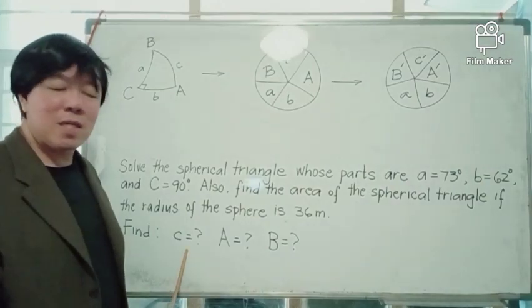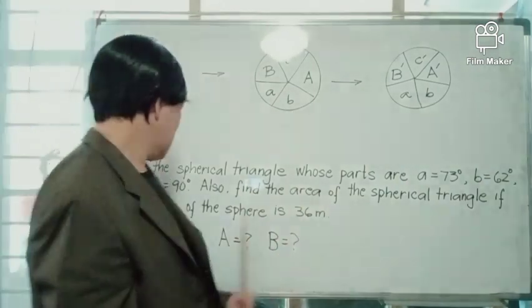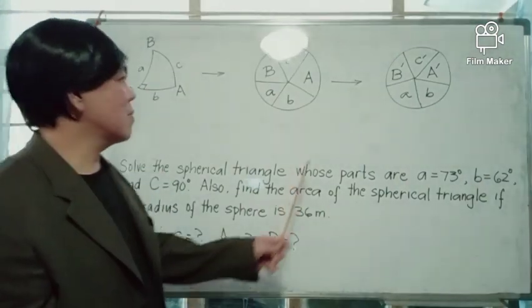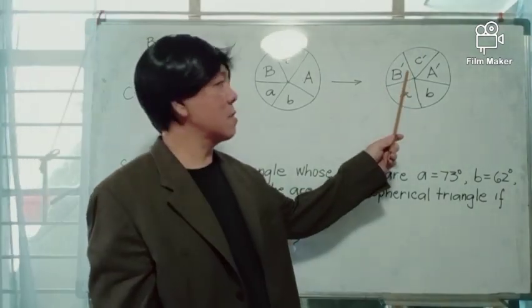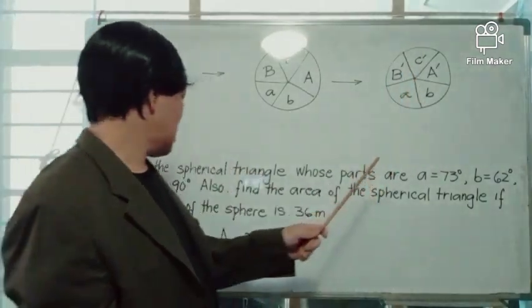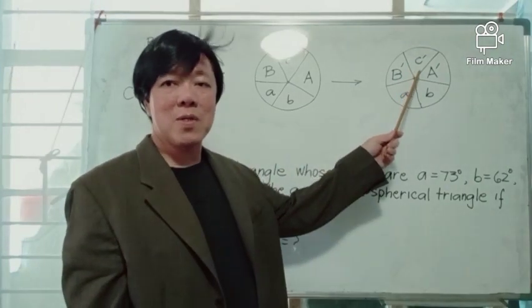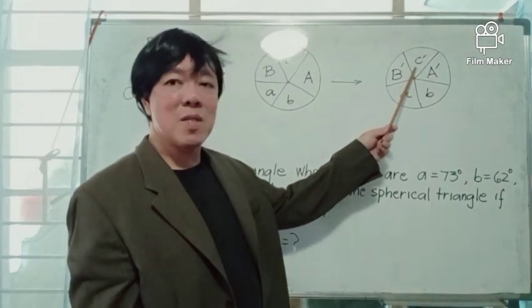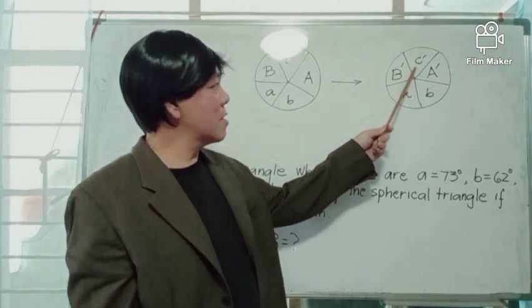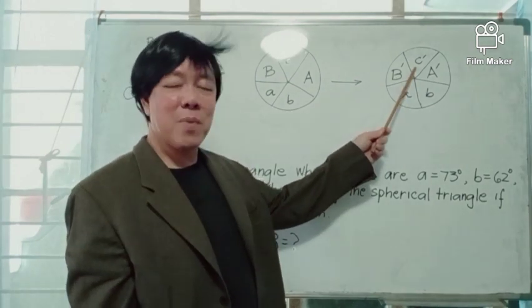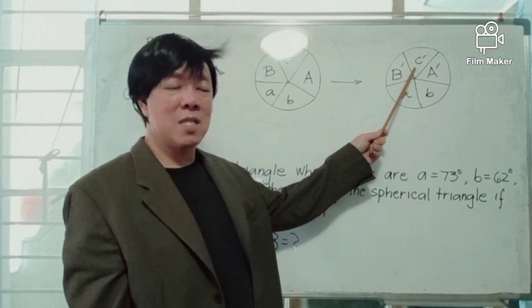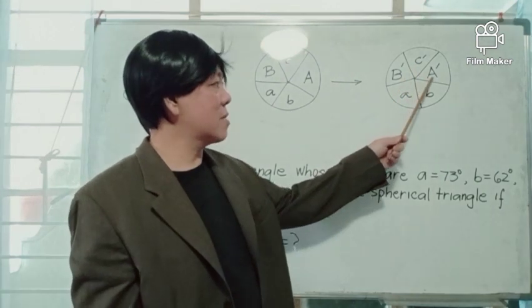Okay, we start with small c. To find small c, we must use the complement of c. According to the first Napier's rule, if c prime is the middle part, the sine of the middle part is equal to the product of the tangents of the adjacent parts.